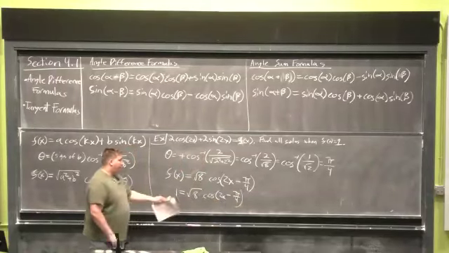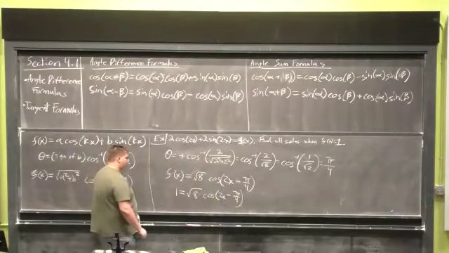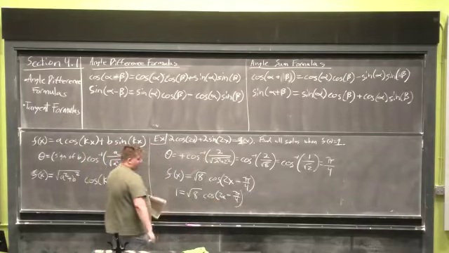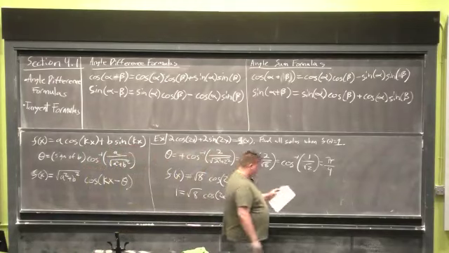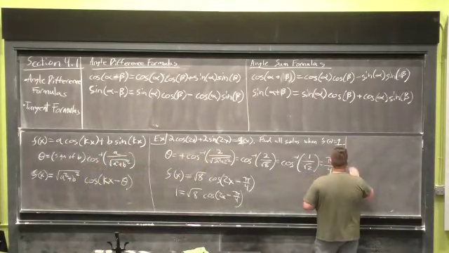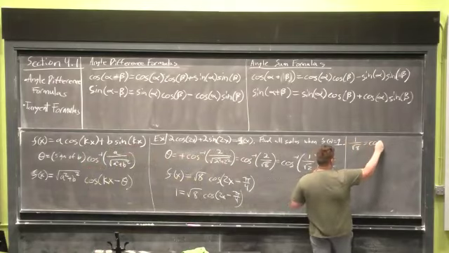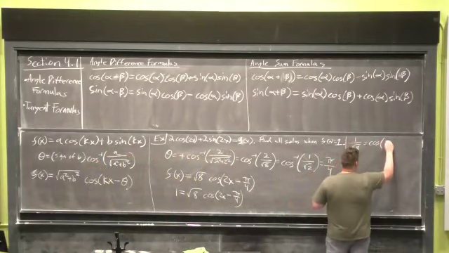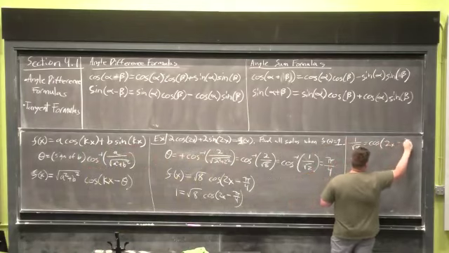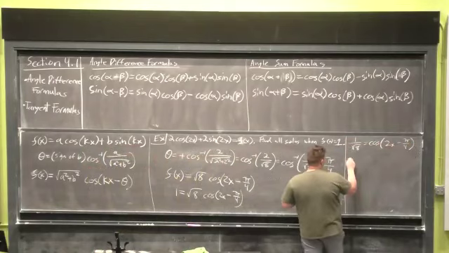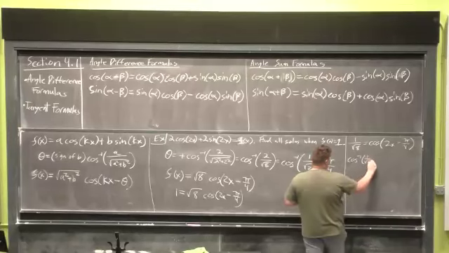We're going to divide by square root of 8, and then we're going to take the cosine inverse. So look over here, we're going to have 1 over square root 8 equals cosine of 2x minus pi over 4. Take the cosine inverse, so we have cosine inverse of 1 over square root 8.